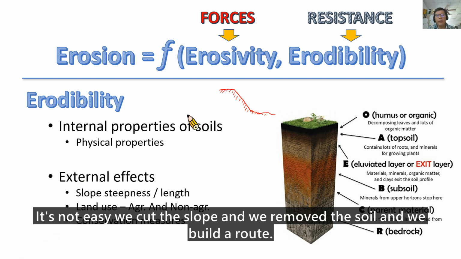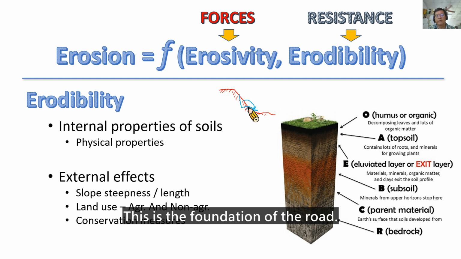Say for instance, this is the original slope. We want to build a road through this hill slope. So we cut the slope and remove the soil, and we build a road. This is the foundation of the road.